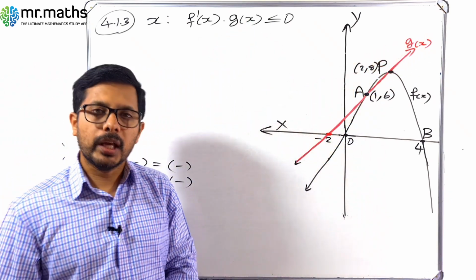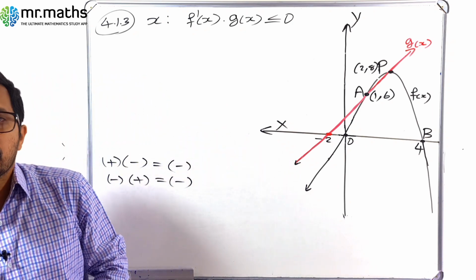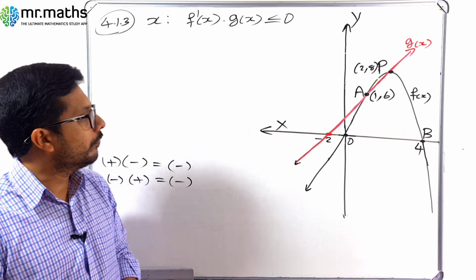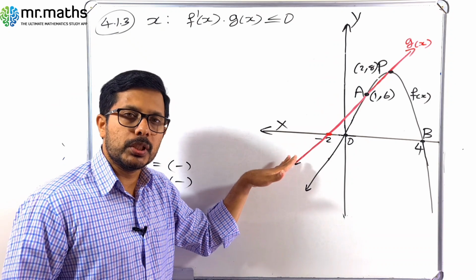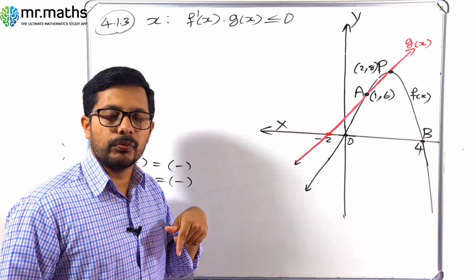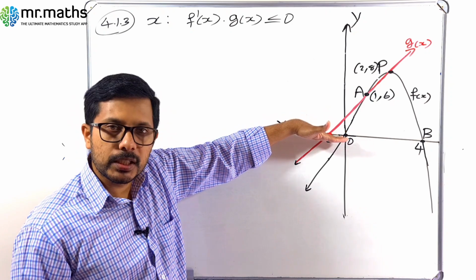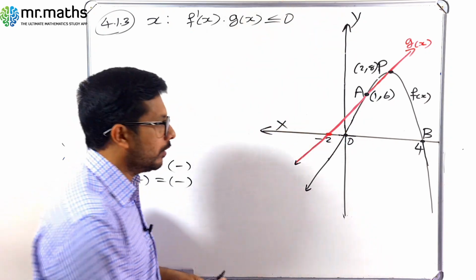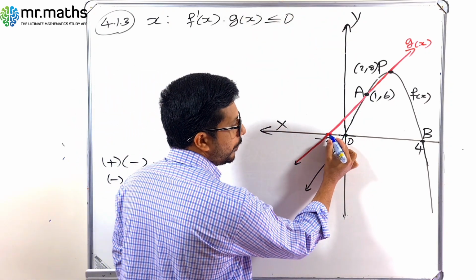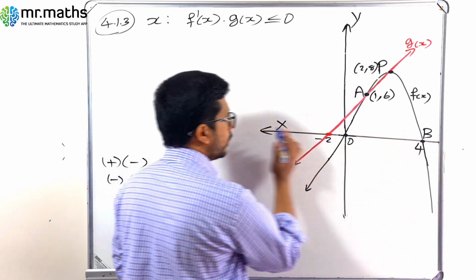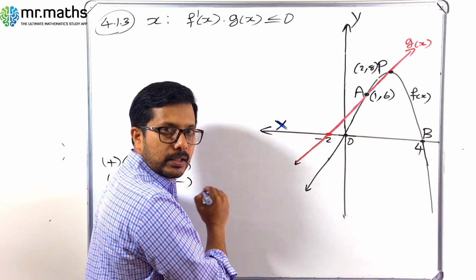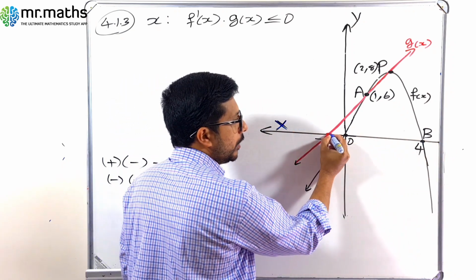Okay. So when can you say that g of x is positive, and when can you say that g of x is negative? g of x is positive when it is above the x-axis. This is the x-axis. So g of x is positive above the x-axis.